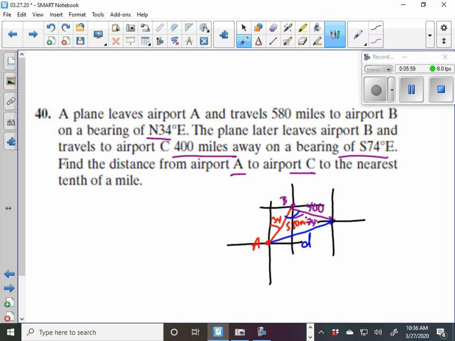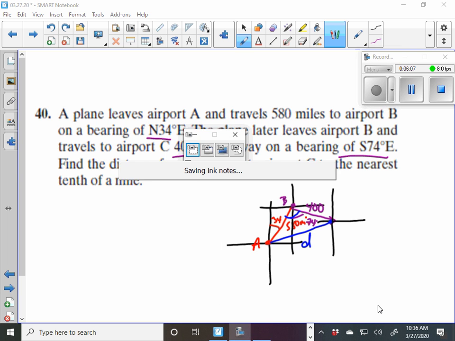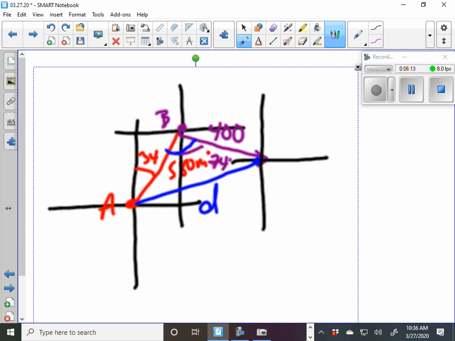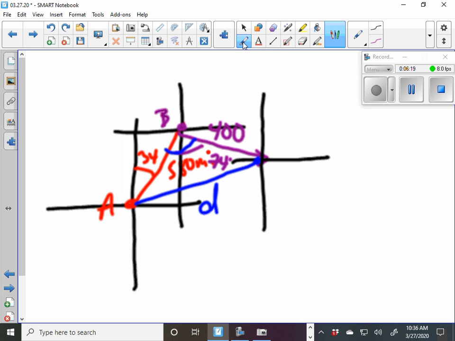So, as I had said before, don't spare the room, which I unfortunately did. So I am going to make this bigger. As I make this bigger, we know that this was 74, this was 34, so this has to be 180 minus 34, which is 146.